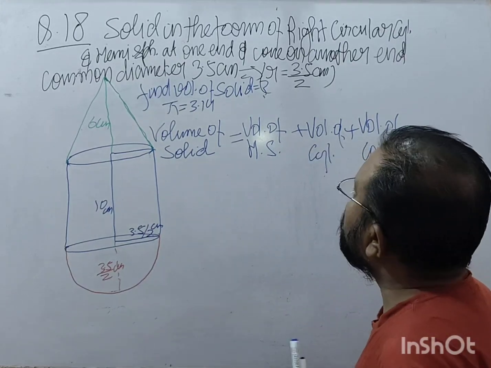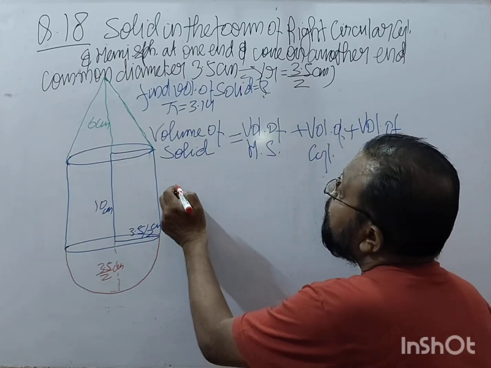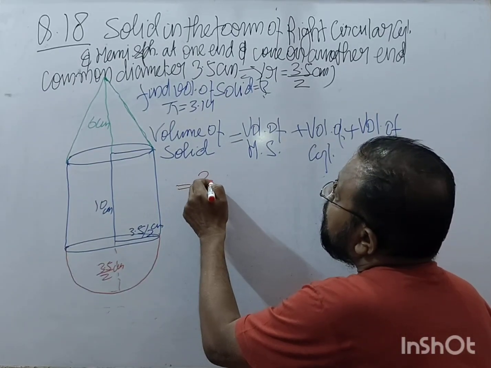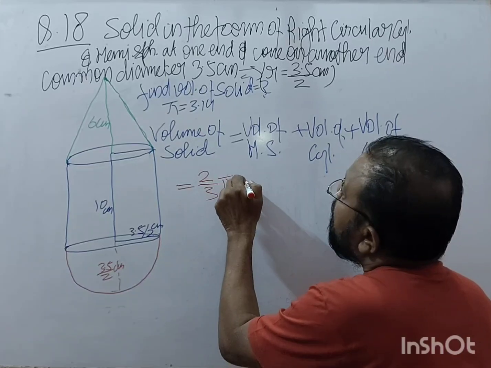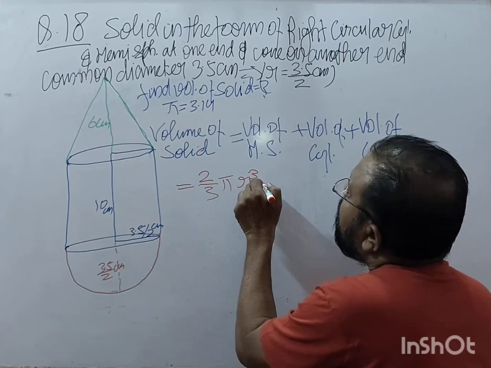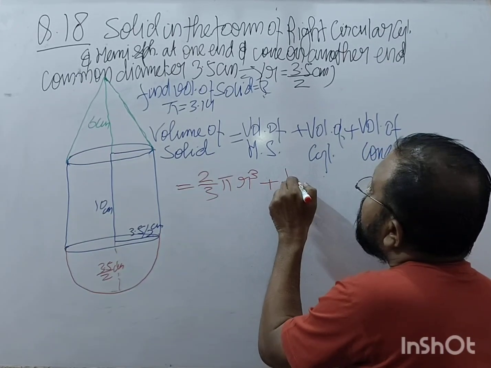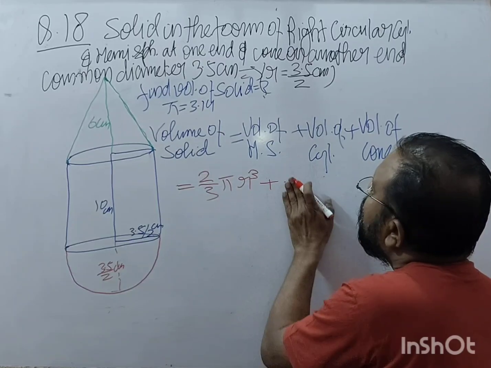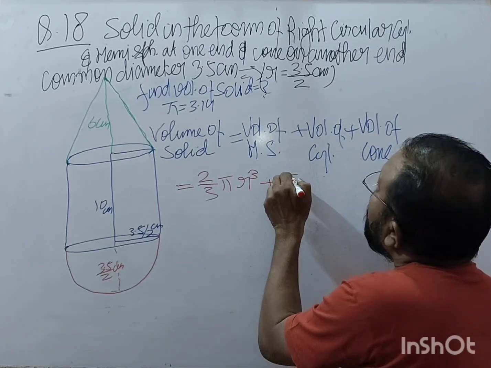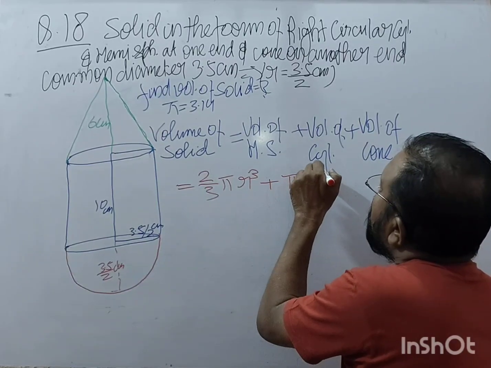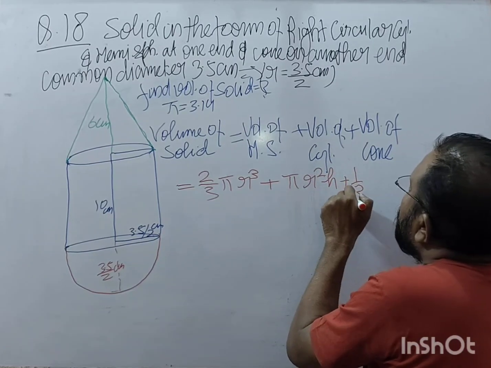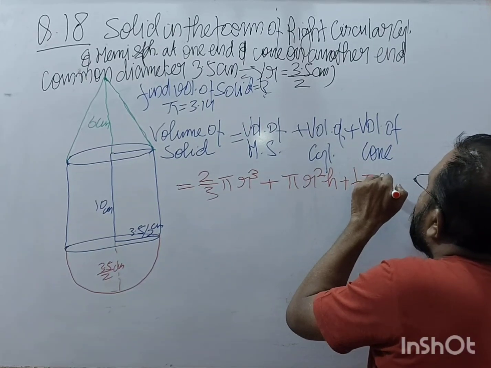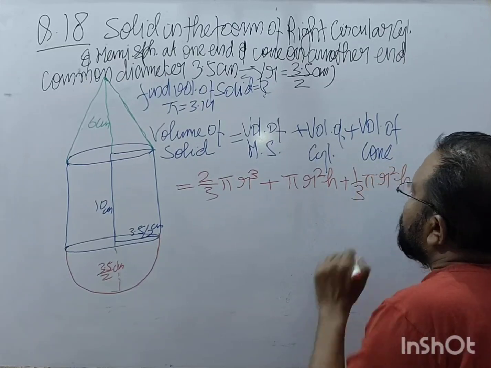So this will be 2 by 3 pi r cube plus pi r square h plus 1 upon 3 pi r square h.